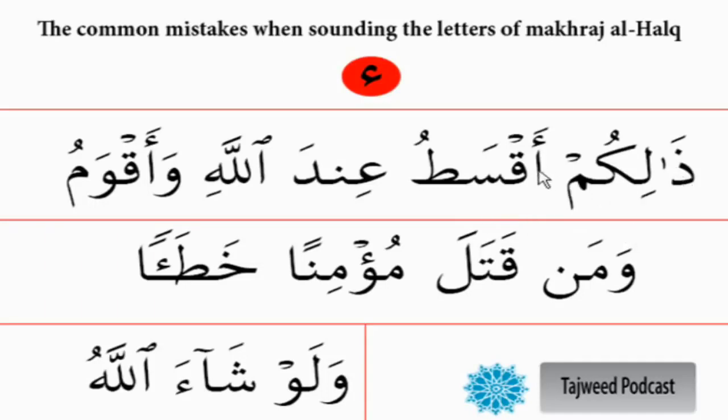So in ذَلِكُمْ, the qaf is heavy or full mouth. Similarly the ta. So when people read fast and without controlling the makharij and the sounding and the attribute of the letter, they would say ذَلِكُمْ أَقْسَطُ عِنْدَ اللَّهِ.